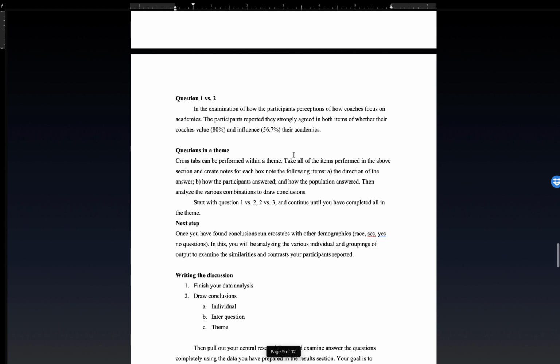You want to look and see which questions mix with another question to draw a bigger conclusion. Because if you think about it, when you ran your one sample t-test and your independent sample t-test, it told you whether it was significant or not. It gave you a small conclusion. But when you start to look at the actual questions, it answers why it was significant, and why your conclusions really mean something. So that's what you're going to do.